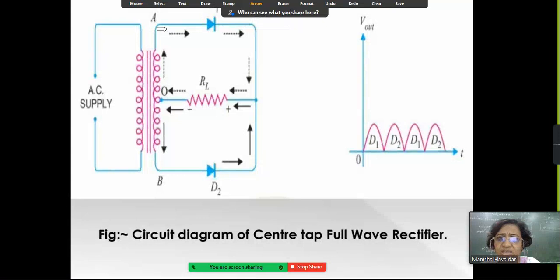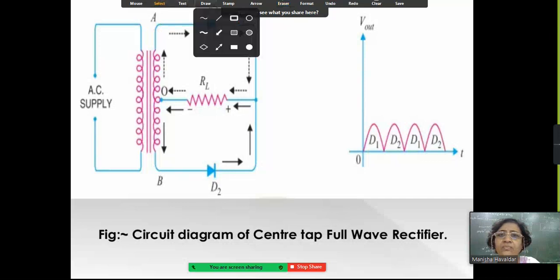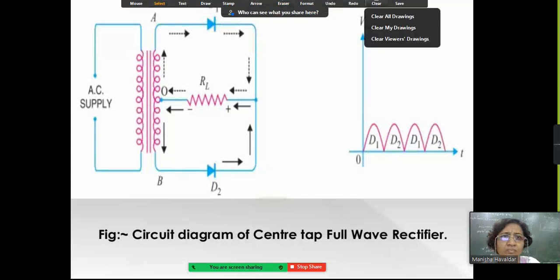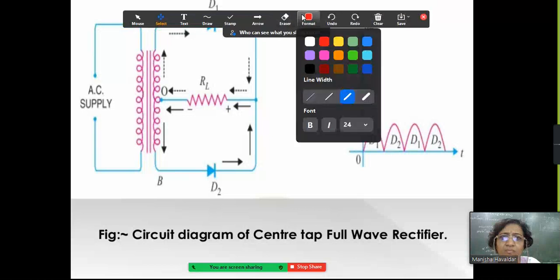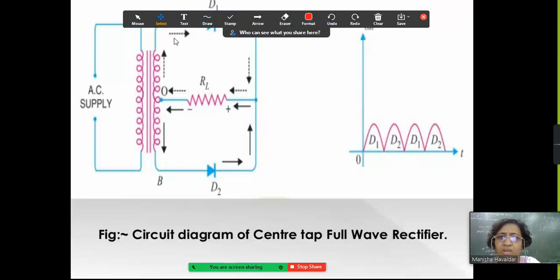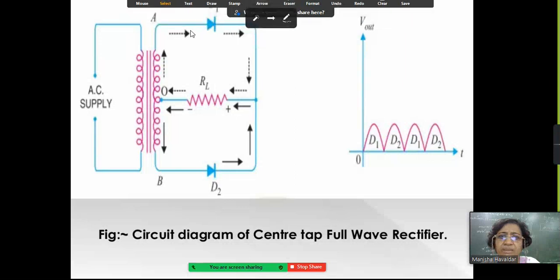Okay, here I can mark it as negative. Now here if I take this as negative, I'm unable to find the pen now.